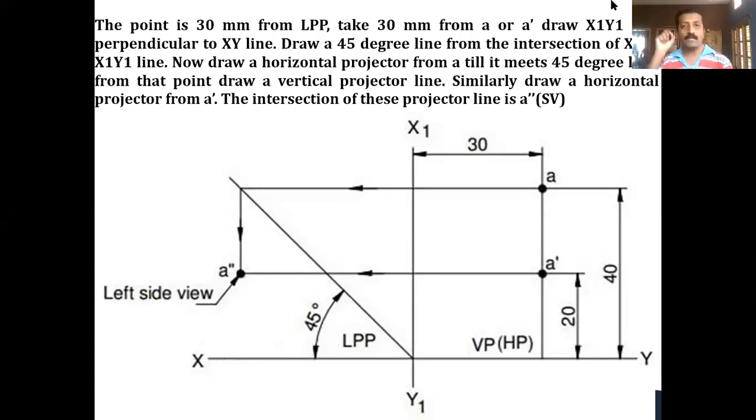You can take up any example randomly, as long as you know the concept. Even 100 examples I can explain in the class; the 101st you might get stuck on. If you know the concept and procedure of how to draw the projection, you can draw any example given by us. So any doubts?